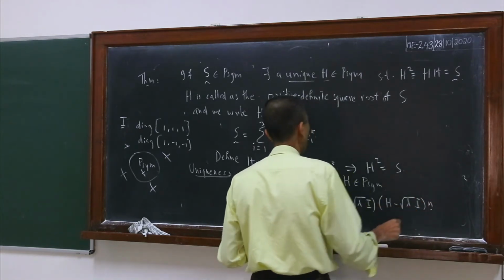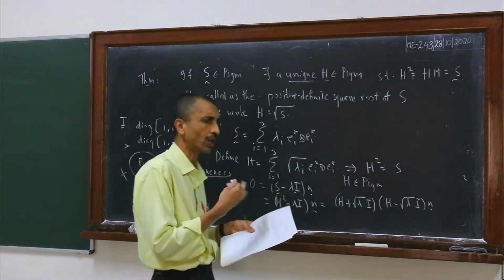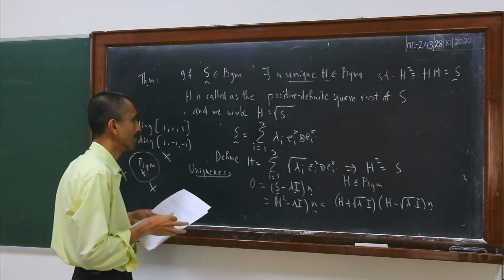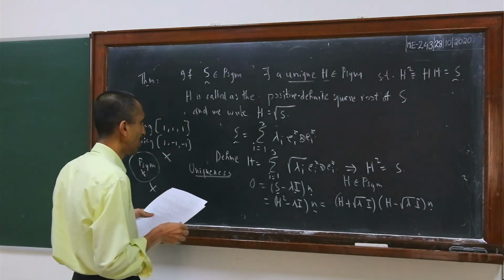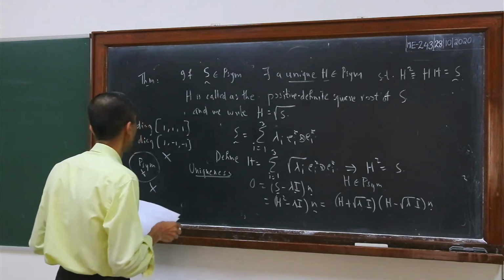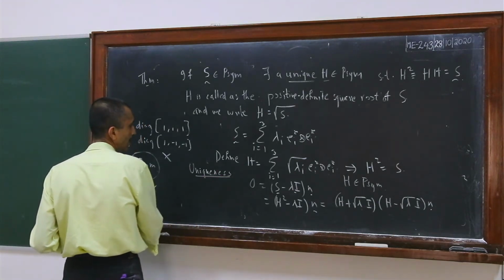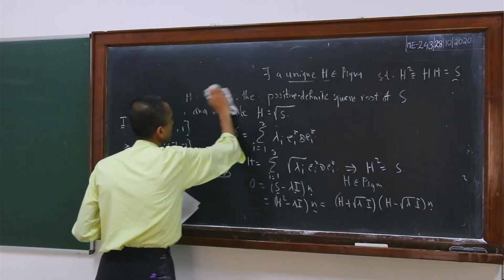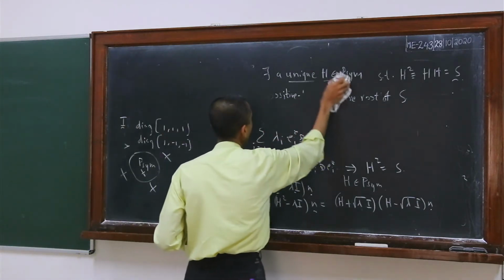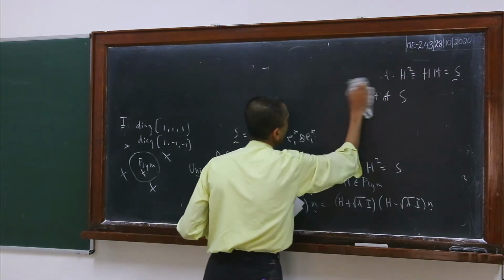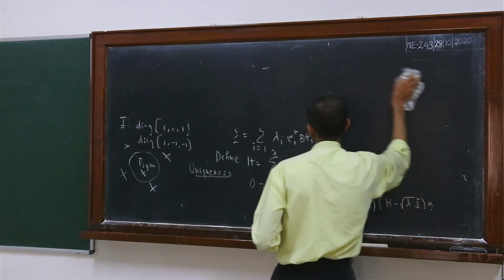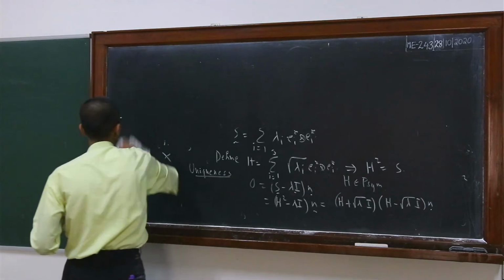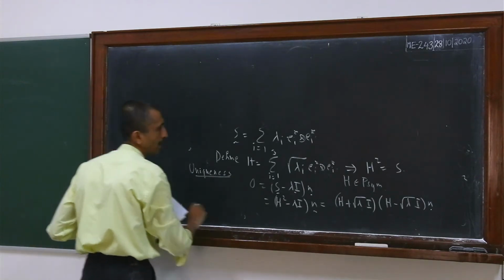I'm writing this for one particular eigenvalue. It could be any of the three eigenvalues, it doesn't matter. So H plus root lambda i I times H minus root lambda i I times n is equal to 0.